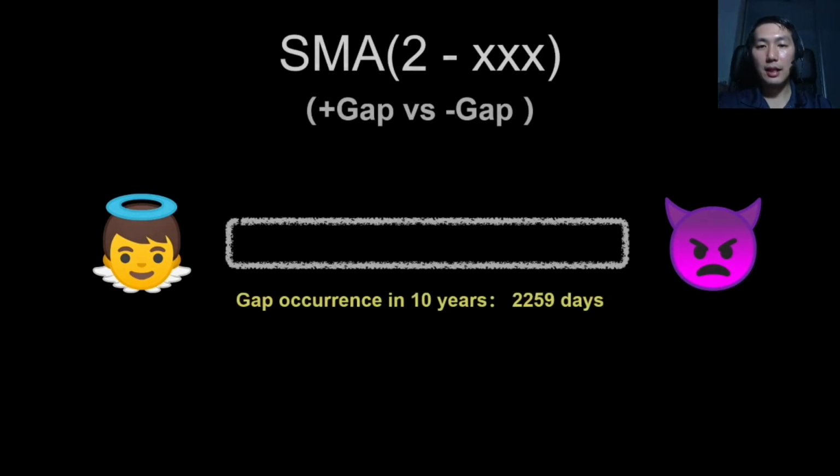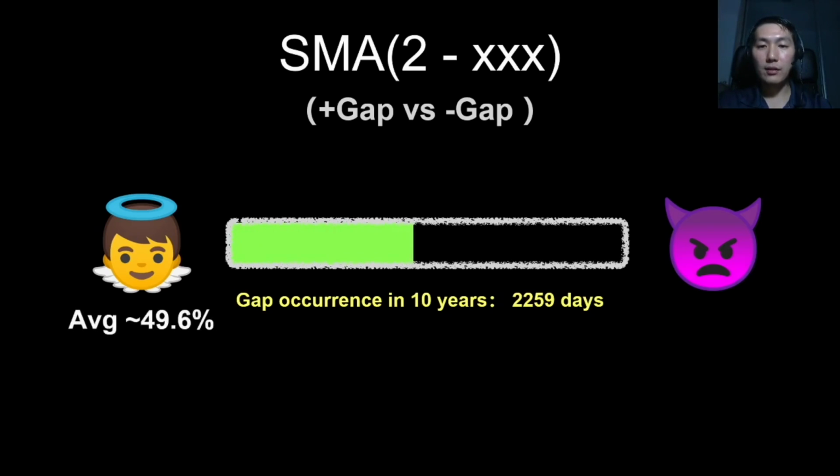So here, let me share with you another comprehensive study that we have done on gaps in trading. Again, we studied the recent past 10 years using the trend following strategy of SMA with a parameter from 2 days, from 2 days moving average to an X number of days moving average, where the SMA trading strategy is optimal and making money.